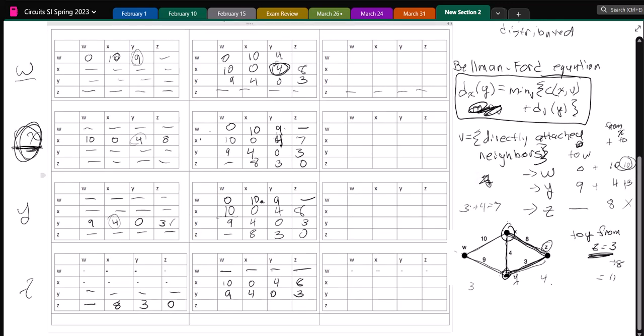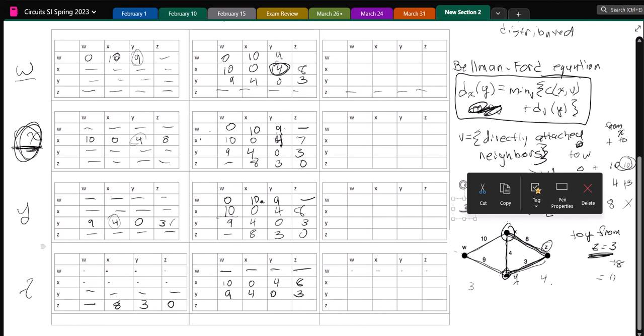Z. Okay, so from Z to W, before we didn't know how to get there.